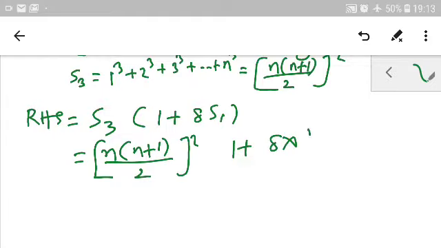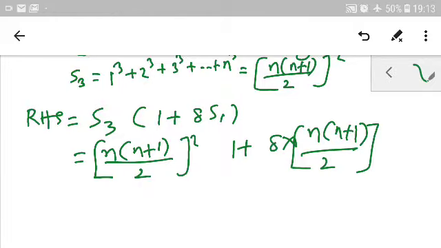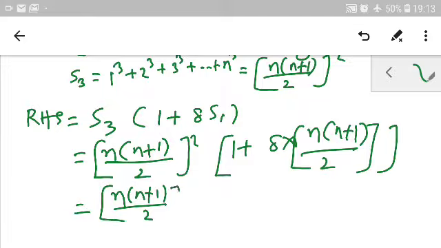It is nothing but n into n plus 1 whole divided by 2. Now close the bracket over here like this. Now it is n into n plus 1 divided by 2, its whole square, multiplied by, if I multiply, this one will be 4, so I get here 1 plus 4n square plus 4n.